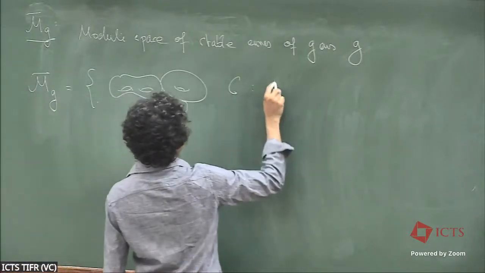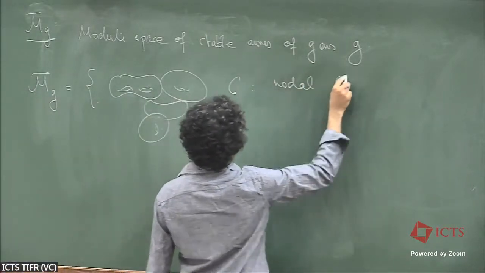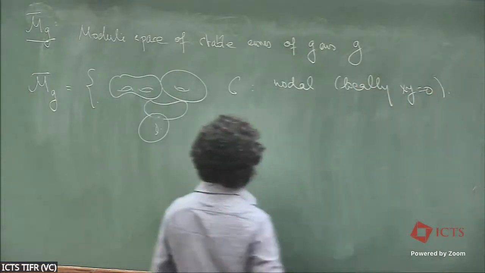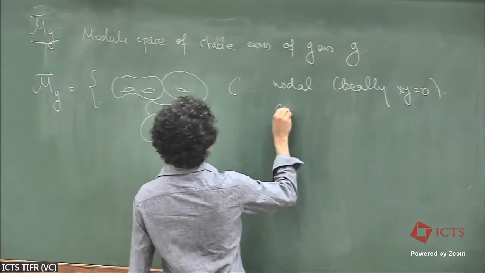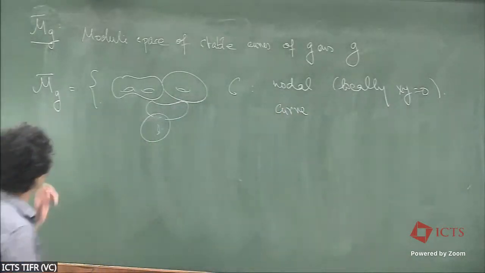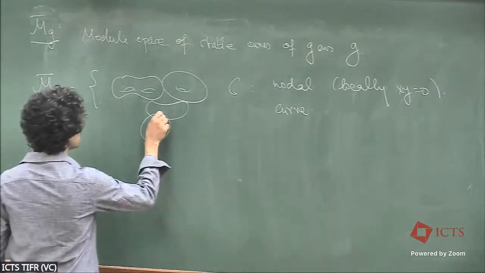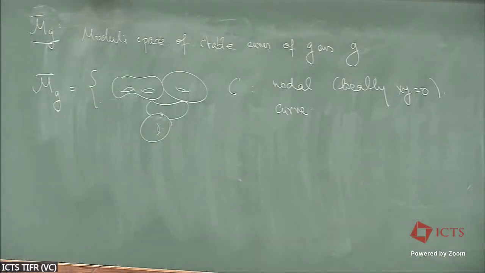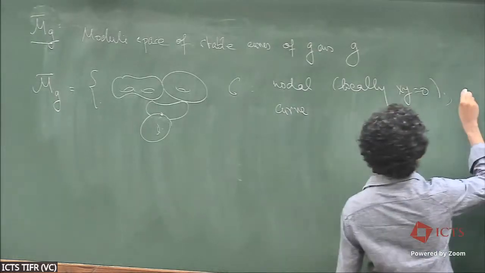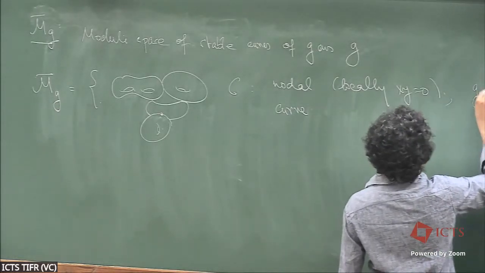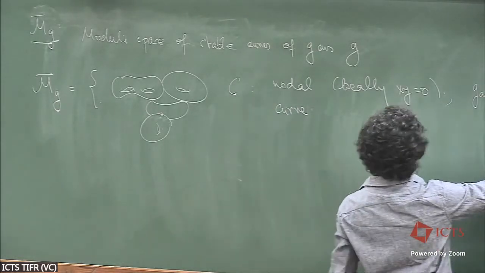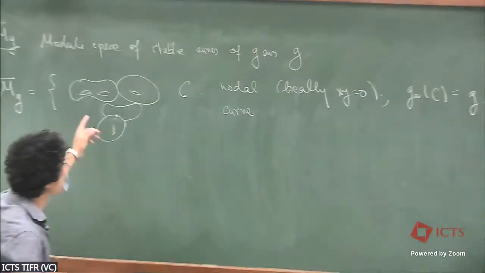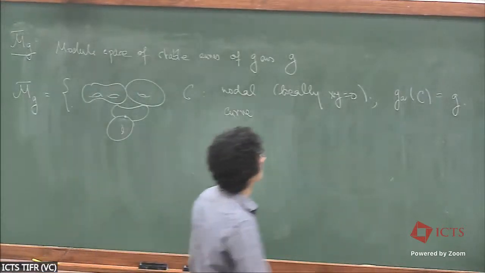So see, this is a nodal curve, meaning locally given by xy equals 0 at its non-smooth points. Okay. It has arithmetic genus g. So this is a singular object, so there are two different kinds of genus. So this is the arithmetic genus, and I'll explain what that means in a moment.